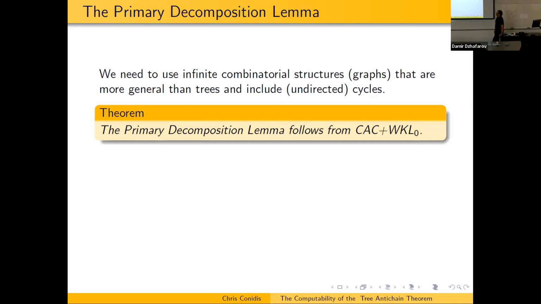You need the chain anti-chain theorem here because you need to consider these graph structures that possibly have cycles in them. And then you also need WKL, because in the chain anti-chain theorem, if you get back an anti-chain, you're good and you can use annihilator ideals.